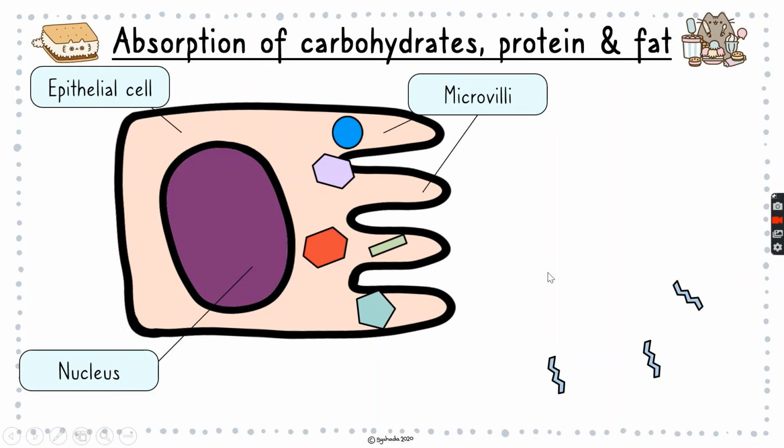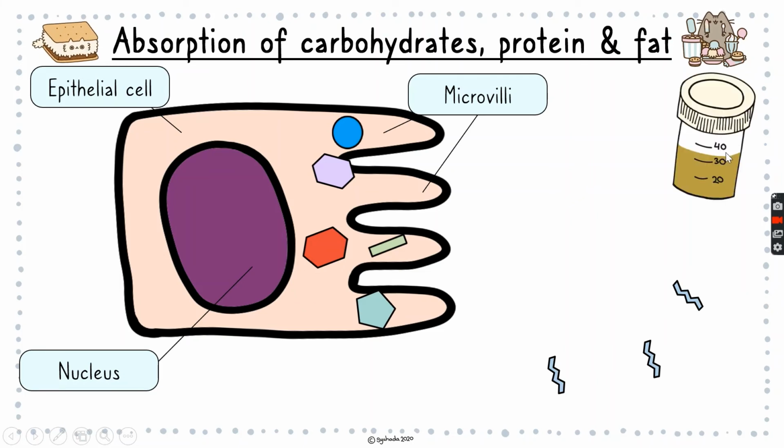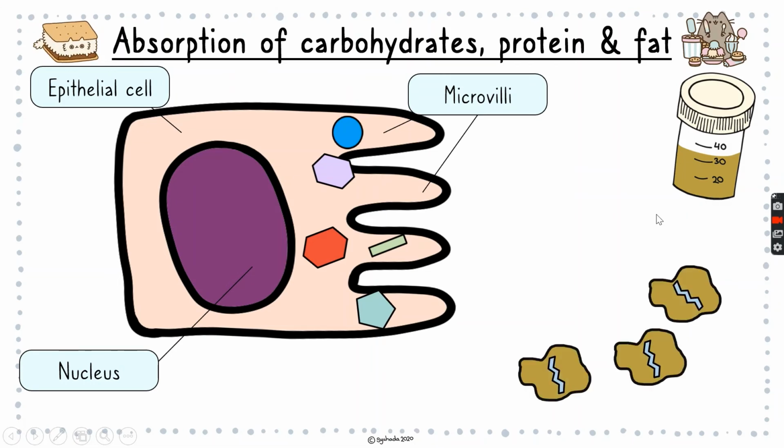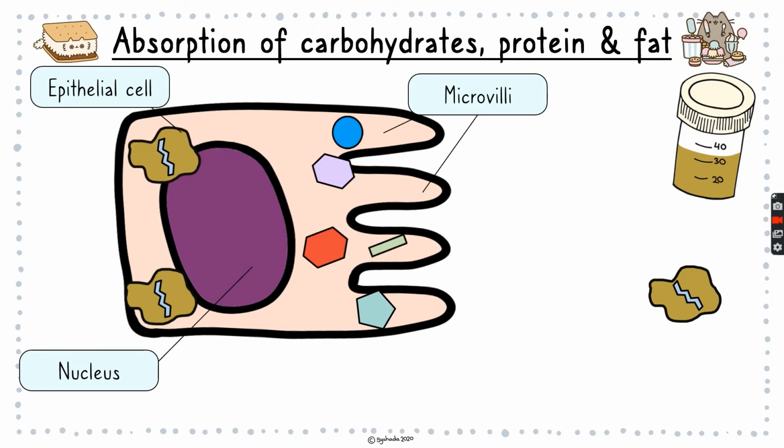water. However, fatty acids are not soluble in water, therefore they need help from bile. What happens is that the fatty acids will react with bile salts to form soluble soaps. These are soluble, so they will then be able to diffuse into the epithelial cells.